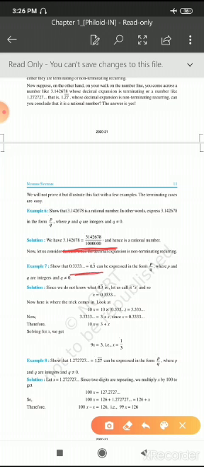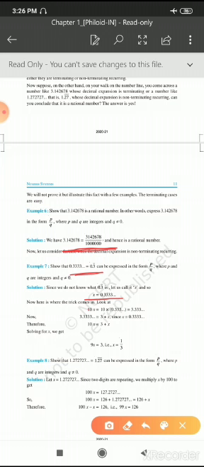Let us consider the given non-terminating repeating decimal. Let x be equal to 0.333 and so on. Now what do we have to do? How many digits are repeating? One digit is repeating, only 3. As one digit is repeating, you have to multiply x by 10 on both sides.